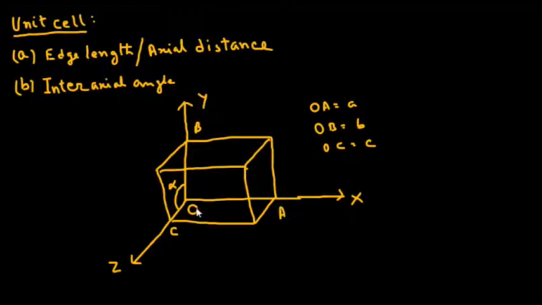So A and C, this angle is beta, and the angle between A and B is gamma.